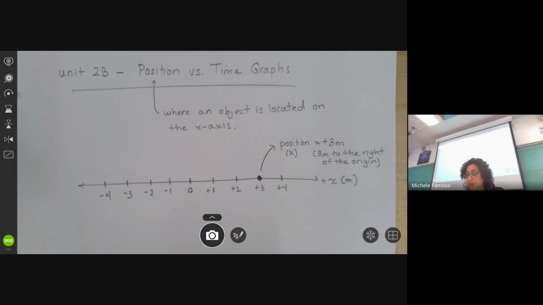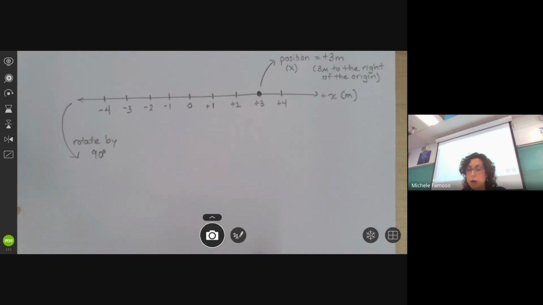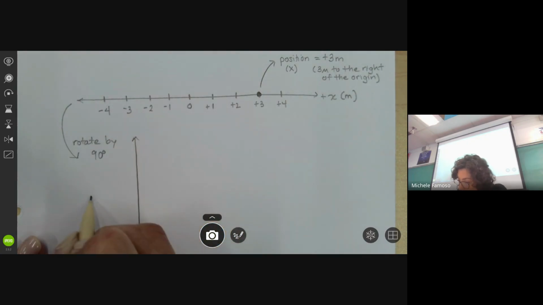Now, to create our position time graph, I want you to imagine that we are going to rotate this by 90 degrees. And that will create our vertical axis on the graph with our position on the y-axis in meters.